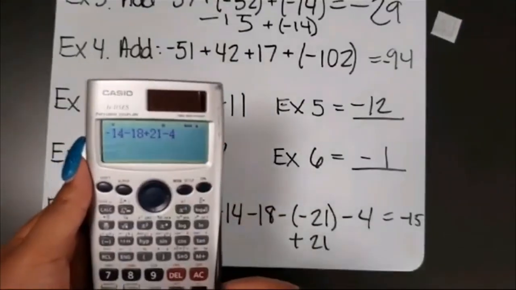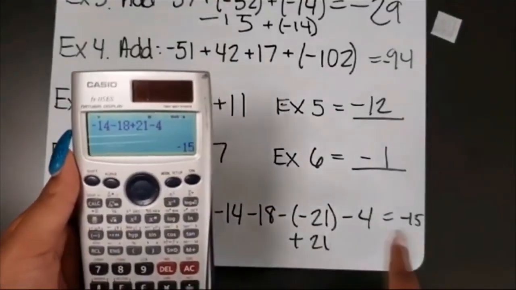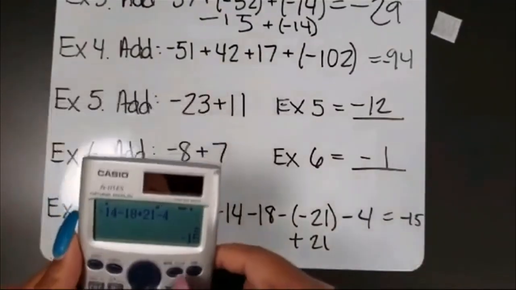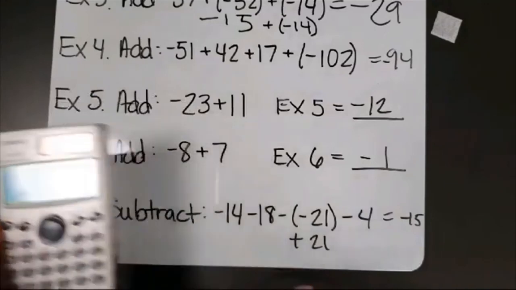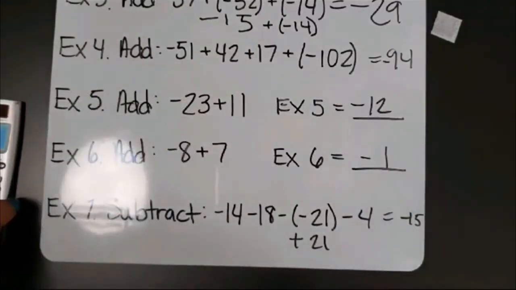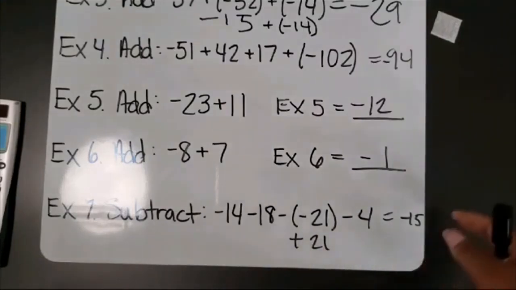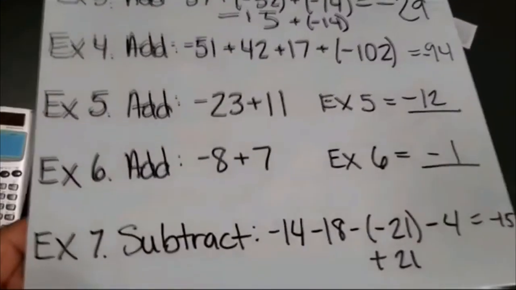All right. And what do we get? We get negative 15. Okay. So that kind of goes to show you how when you subtract the negative, it is indeed the same thing as addition. Okay. So let's look at a few more.